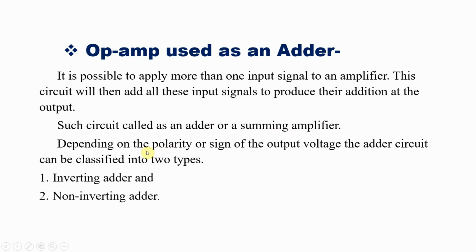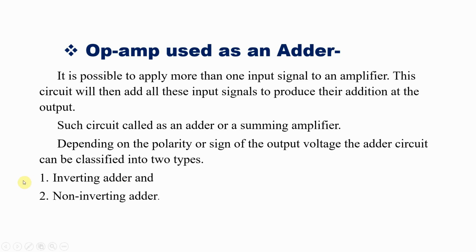Depending upon where the input signal is applied to the op-amp, there are two types of adder. First is the inverting adder and second is the non-inverting adder. Inverting adder means when the input signal is applied to the inverting terminal of the op-amp, the output is the addition of the input signals and the output gets inverted.